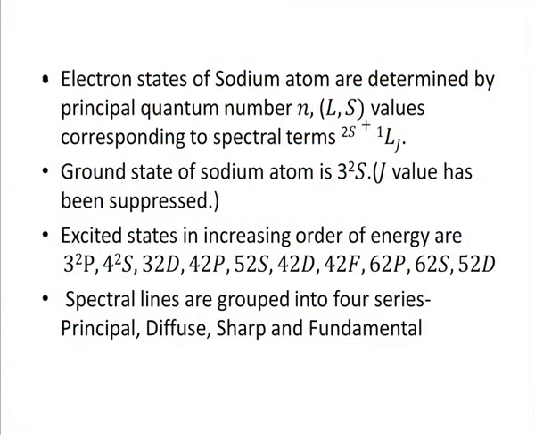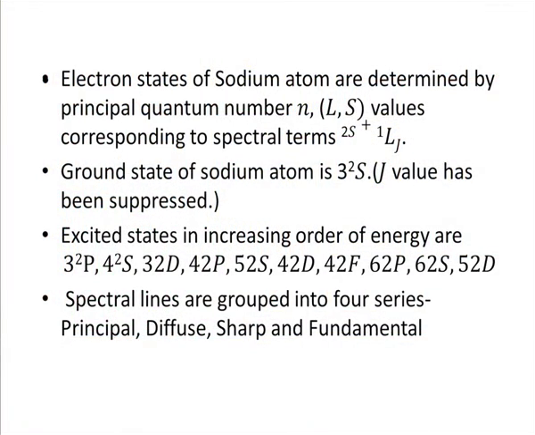Now, electron states of sodium atom are determined by principal quantum number n, capital L, capital S values corresponding to spectral term 2S+1 L_j. Ground state of sodium is 3 2S, J values have been suppressed, and excited states in increasing order of energy are as you see on the screen, and spectral lines are grouped into 4 series: principal, diffuse, sharp and fundamental.